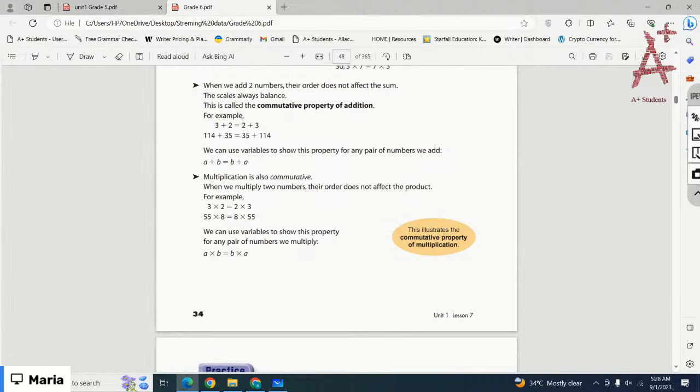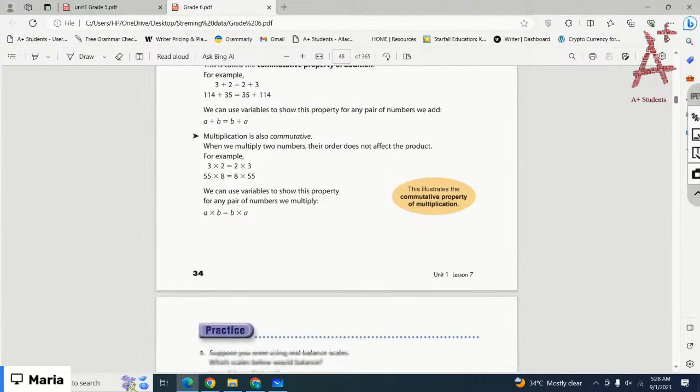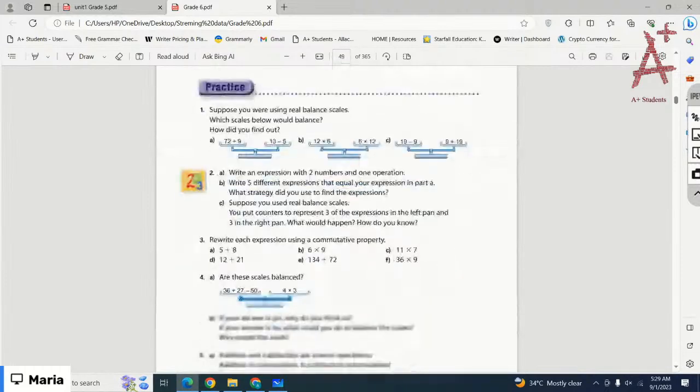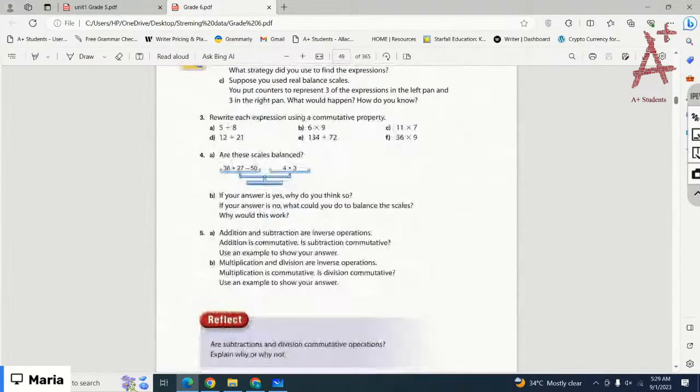Okay. So the commutative property is if you just change the order of the numbers, the answer is exactly the same, right? Okay, rewrite an expression using a commutative property.